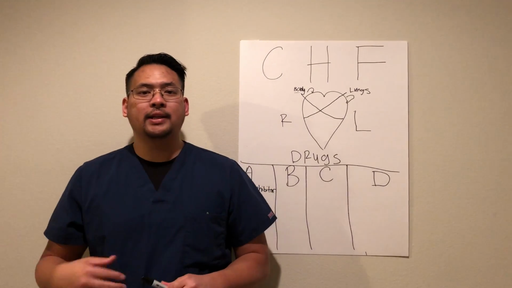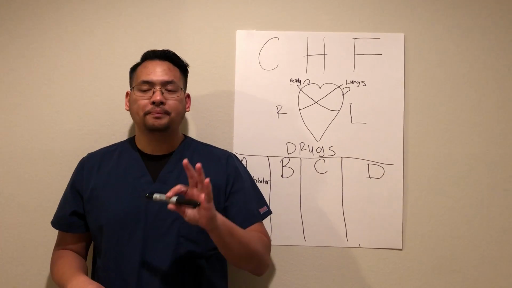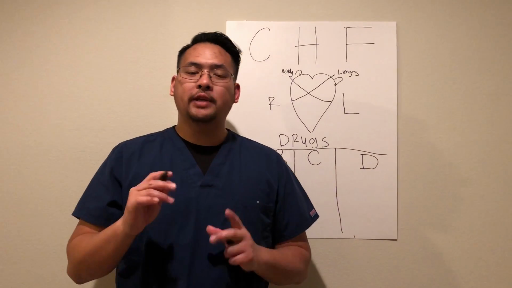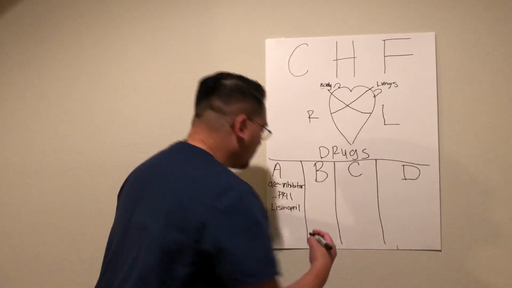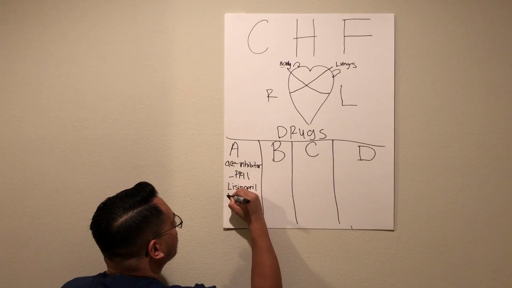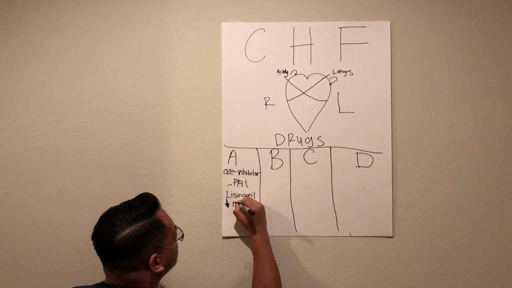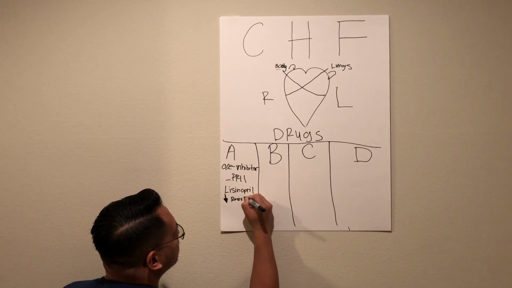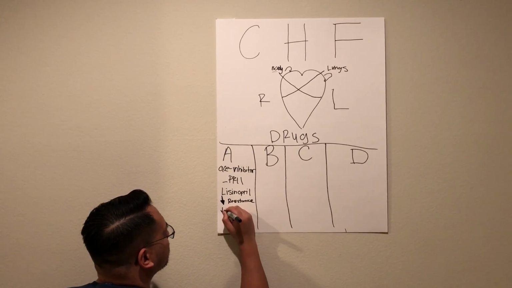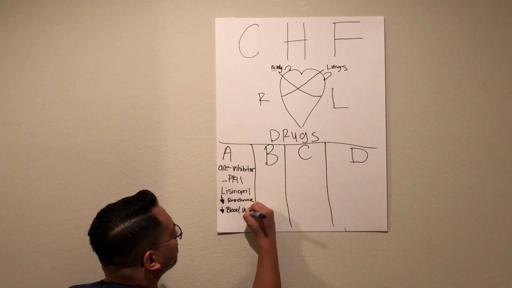So ACE inhibitors inhibit that secretion, so it prevents uptake of sodium and decreases volume. So the two key points that ACE inhibitors do is they lower peripheral resistance, so decrease resistance, and they decrease blood volume.